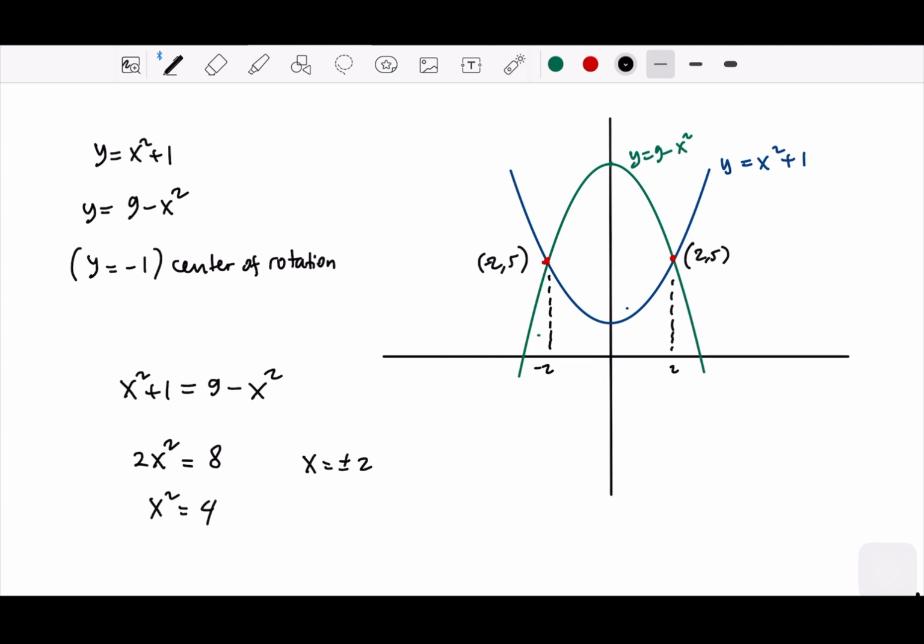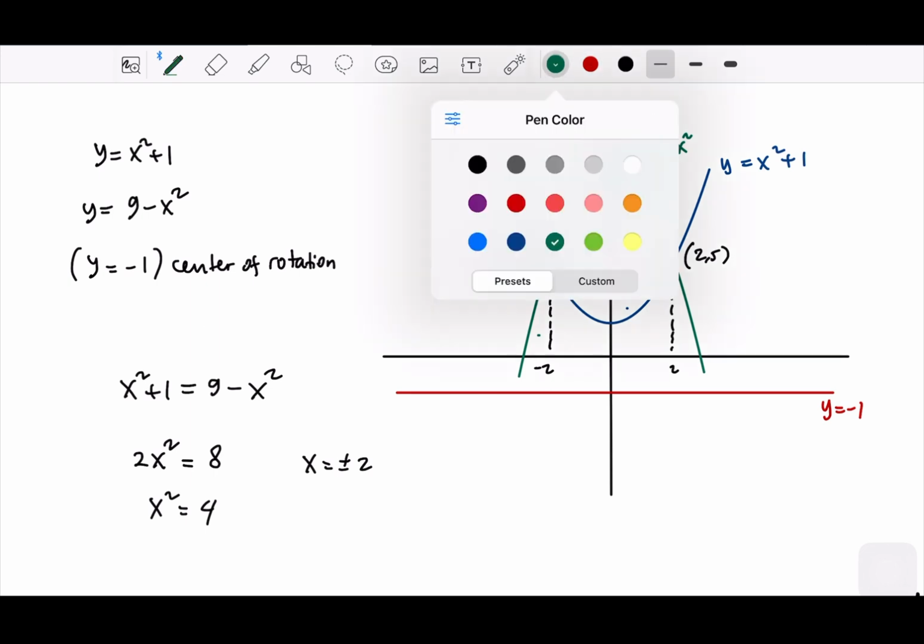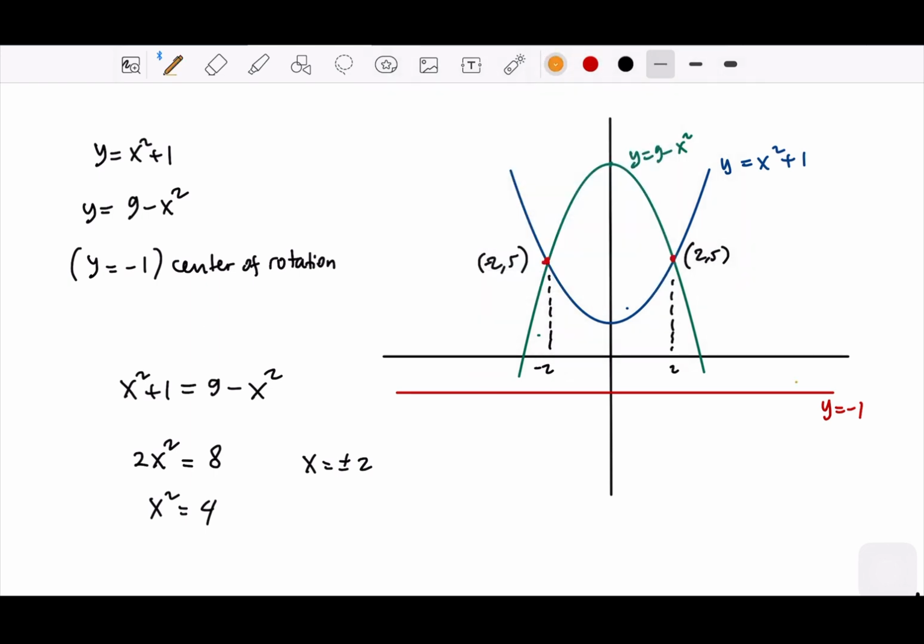And then the line y equals negative 1 will be here, the axis of rotation. Okay, so this will be y equals negative 1. And the question is, the volume when rotating about this line, right? So I think this is quite direct, and we can just use the normal method, the washer method.